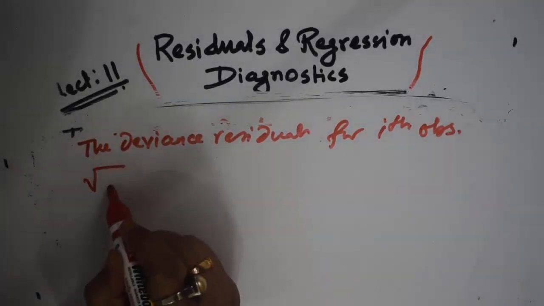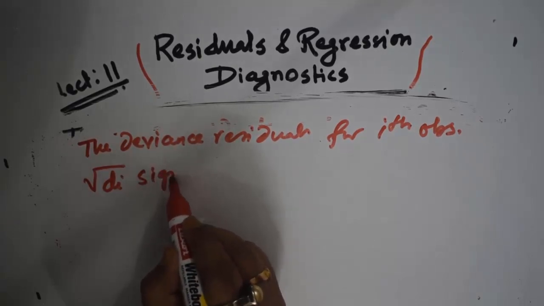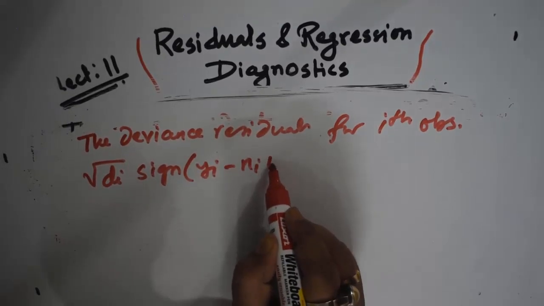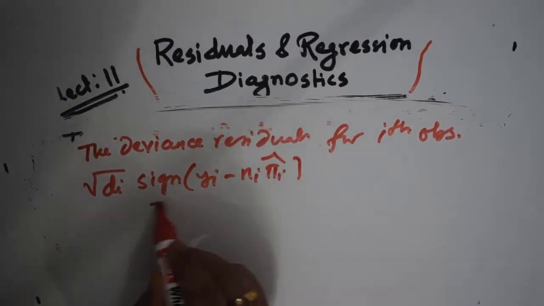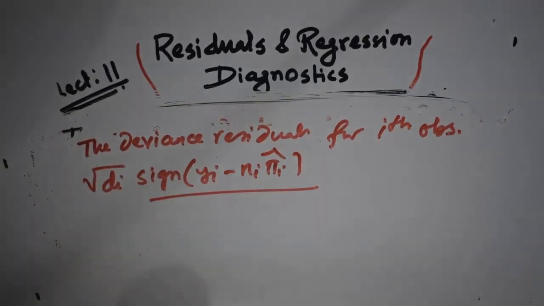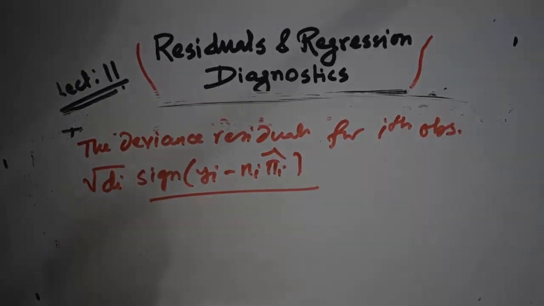The deviance residual for the ith observation is equal to root di times sign of (yi minus ni pi i hat), that is, plus 1 when yi minus ni pi i hat is greater than 0 and minus 1 when this is less than 0.